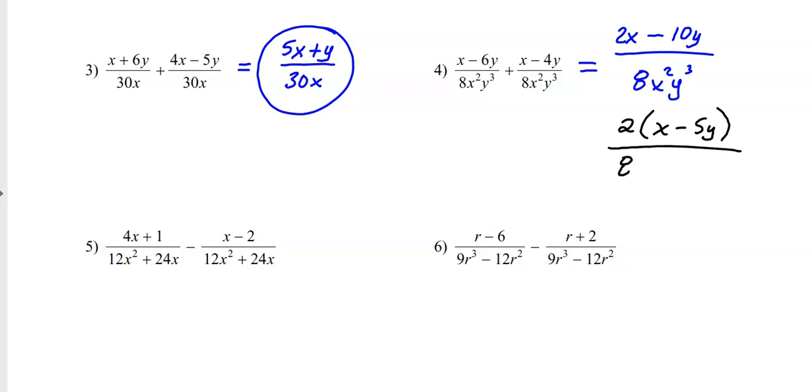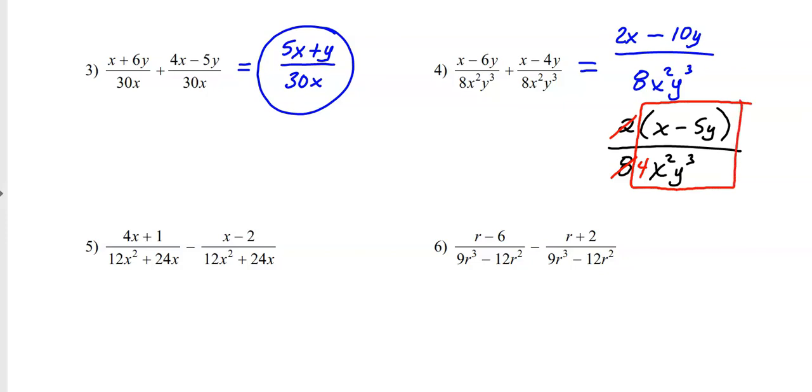And then on bottom I have the 8 and I have x squared y to the third. And with 2 and 8, the 2 can disappear and the 8 will become a 4. And I don't believe there's anything else that we can do there. So I think final answer is going to be right here.